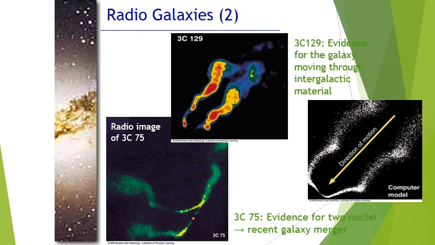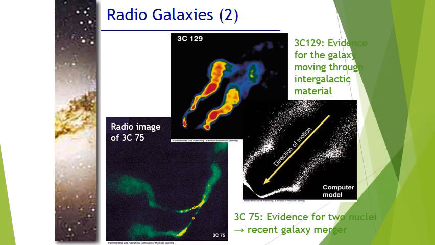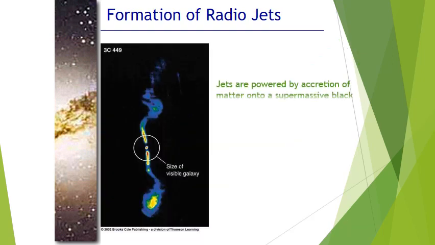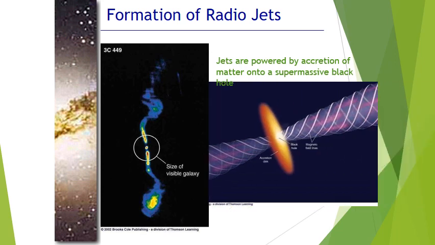So these radio galaxies are very useful in being able to study relatively active galaxies. You wouldn't have these lobes or jets without having an active center. But the center is not that visible, but the radio lobes are. So that's why we have what are called radio galaxies.